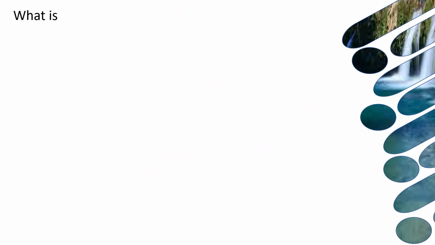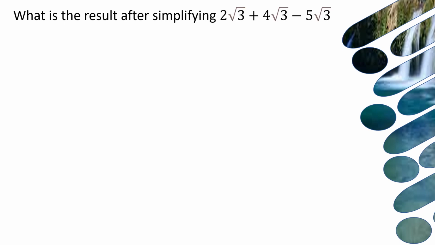Let's have this next question. What is the result after simplifying 2 square root of 3 plus 4 square root of 3 minus 5 square root of 3? In addition and subtraction of radicals, the radical parts should be similar, meaning they have the same indices and they have the same radicals. So the radicals here are all square root of 3.